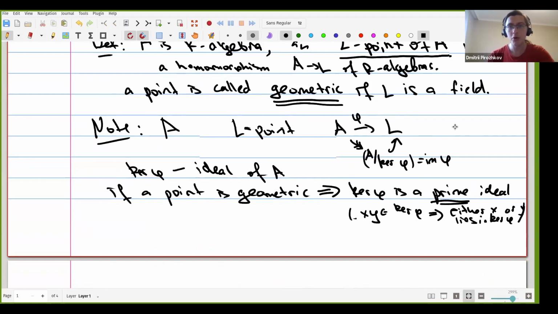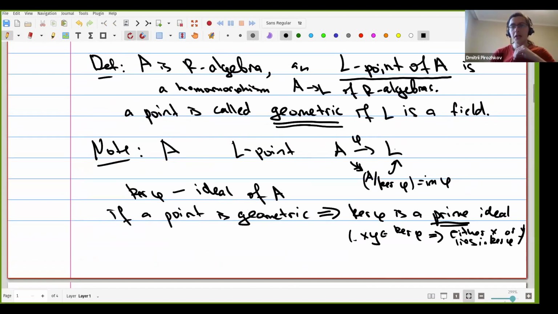When I defined a point as a map from A to L, I can restrict my point of view to points where the homomorphism of algebras is surjective. Then I only lose the information on how the quotient by the kernel embeds into L and nothing else.